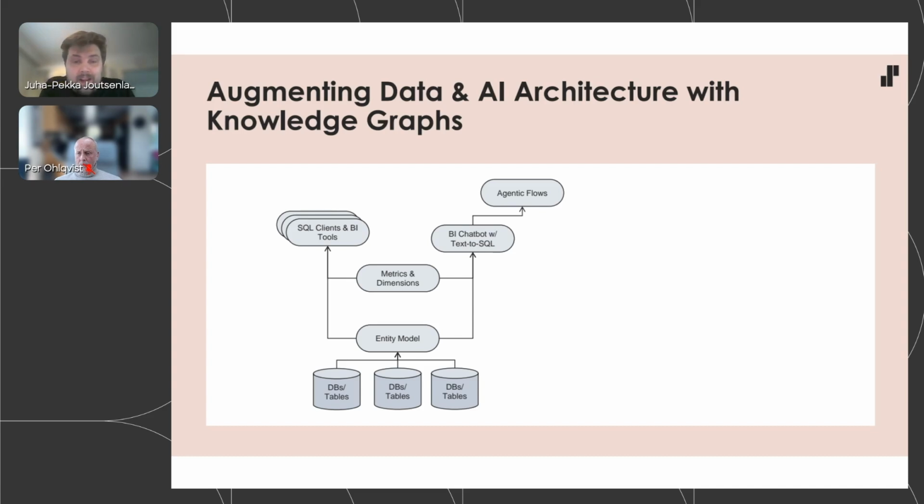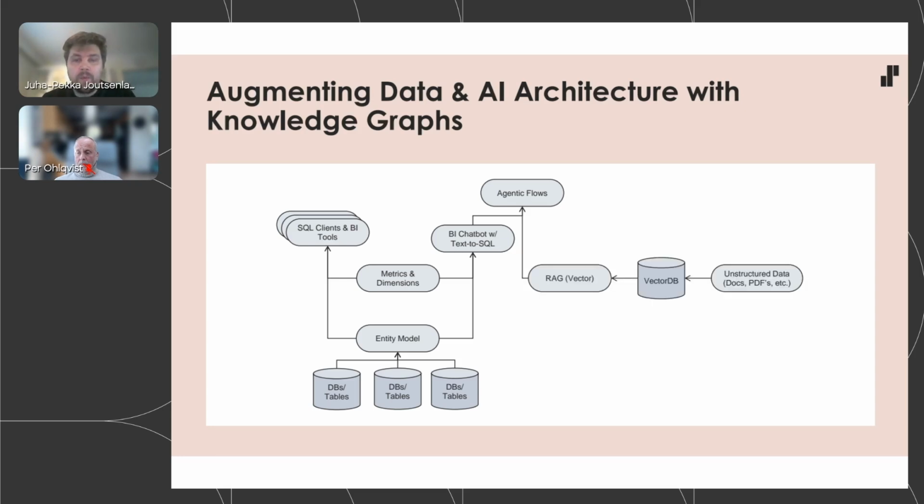And this is quite a traditional setup most of the organizations currently have. So we have the data platform setup on top of which we have built this BI chatbot doing some text to SQL. But what is currently missing here?